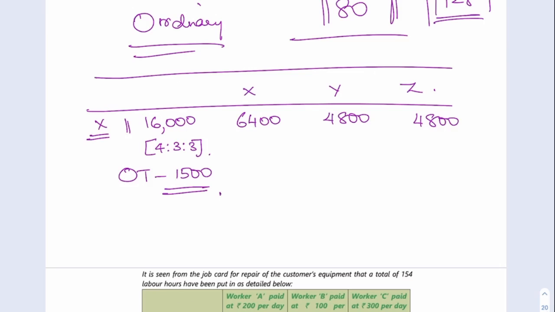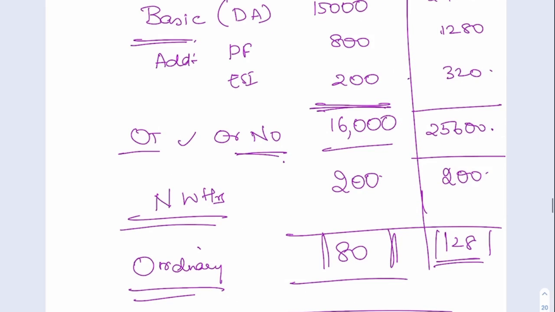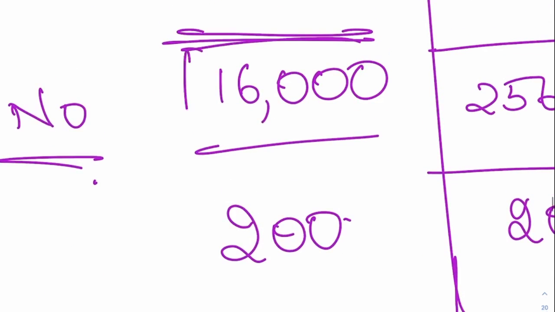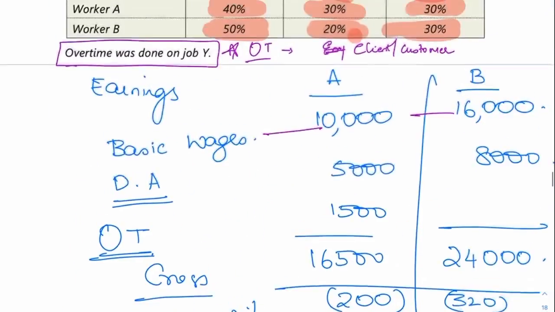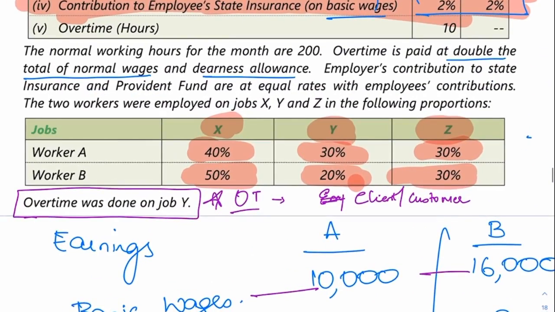Who should bear? Farin, see here, they are saying A's 16,000, whatever is the cost. See, read this part of the question. Worker A is working on XYZ in the proportion of 40, 30 and 30. That means whatever is the cost of A, 16,000, that has to be divided between XYZ in the ratio 4:3:3.